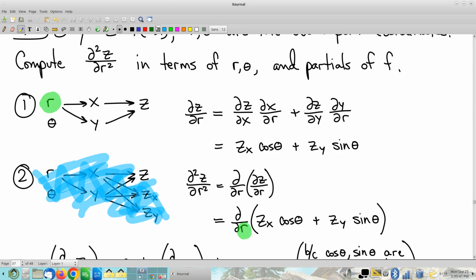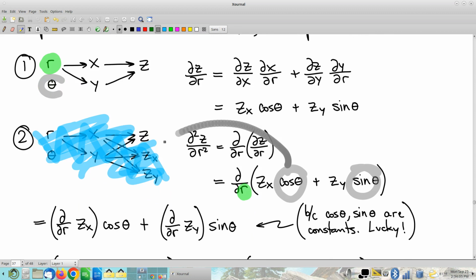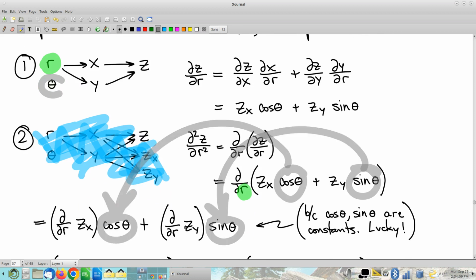When you are taking a partial derivative, the other variables in that same stage are constant. Right? So theta is a constant. While I'm doing this calculation down here, I get to treat theta as a constant. And beautifully, if theta is a constant, then cosine theta is a constant and sine theta is a constant. And when you have constants in a derivative expression, those constants just factor out in the usual way. And so there's that.